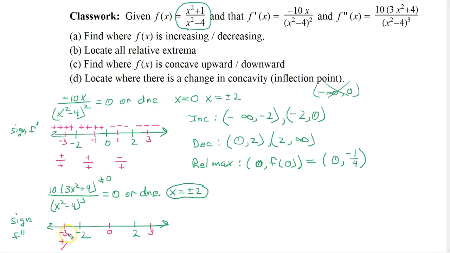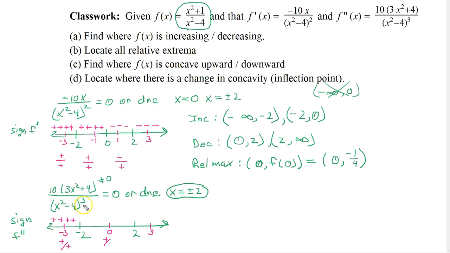divided by, now if we put -3 in here for x, we're going to get 9 minus 4, that's positive. So our second derivative is positive in here from -infinity to -2. Now if we put 0 in here for x, the top is positive. The denominator will be negative: 0 minus 4, that's -4 cubed.